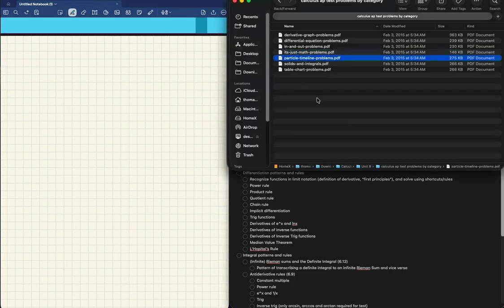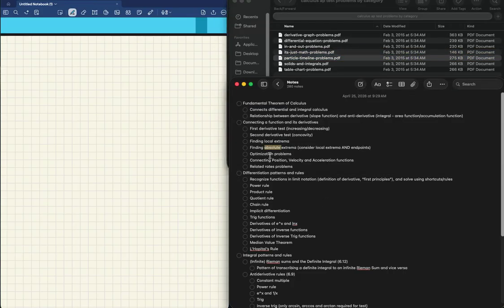That is the type of problems here, particle timeline problems, that plays into the specific iteration of connecting a function and its derivative, that is, connecting position, velocity, and acceleration functions. Then another subset of that is related rates problems.